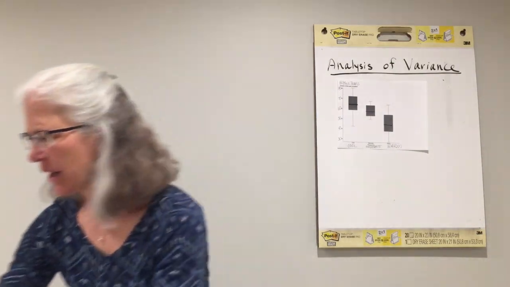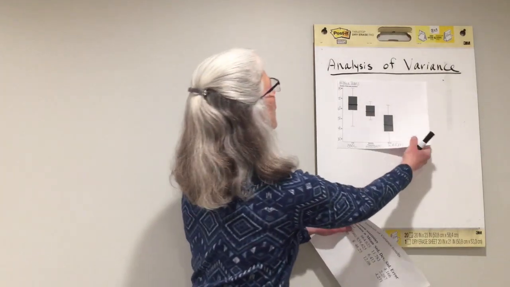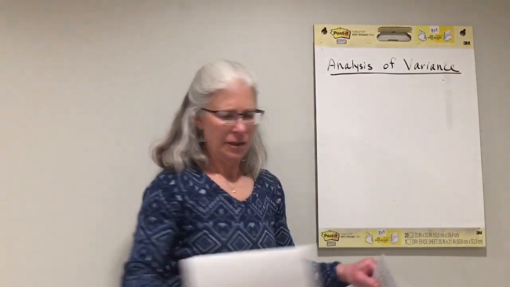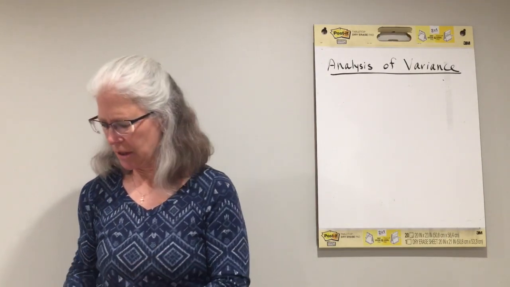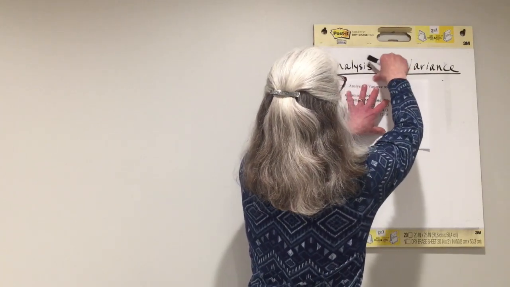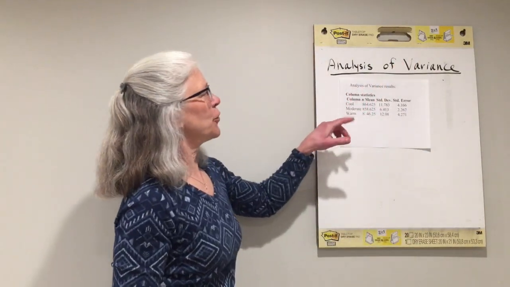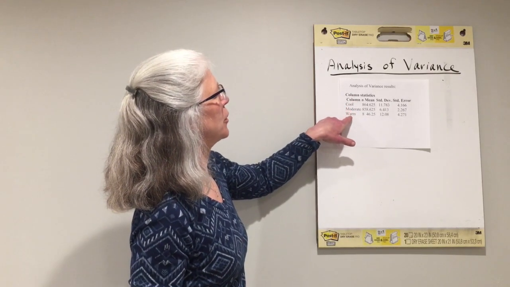Now we'll start looking at analysis of variance output. So the first thing we get is descriptive statistics. So this is all from StatCrunch. The first thing is what group we've got, cool or moderate or warm.